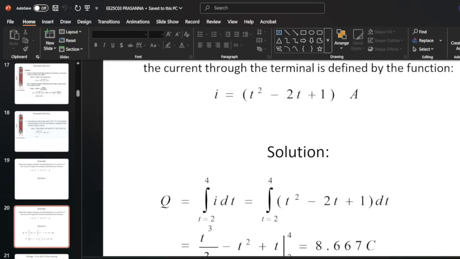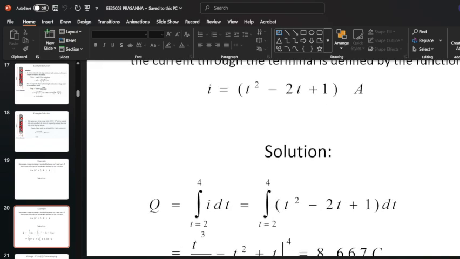I think now it is clearer. Yes. Q is equal to the integral of t square minus 2t plus 1 dt. We can see inside what happened.